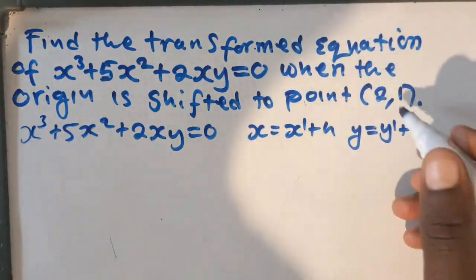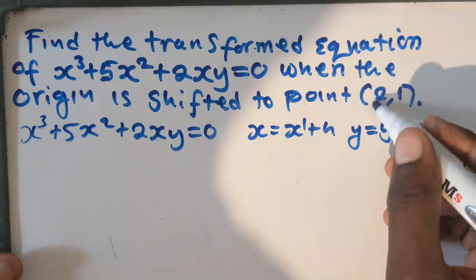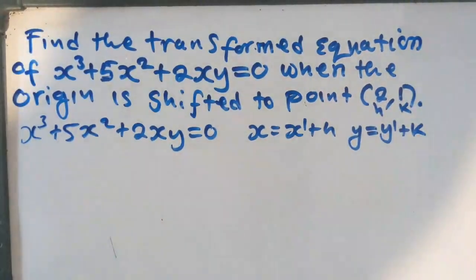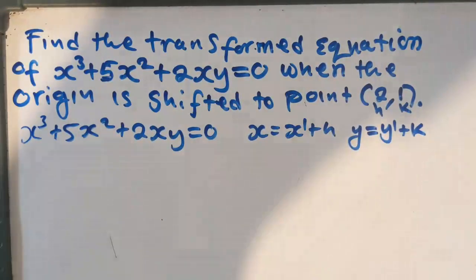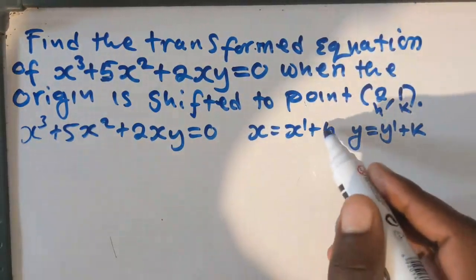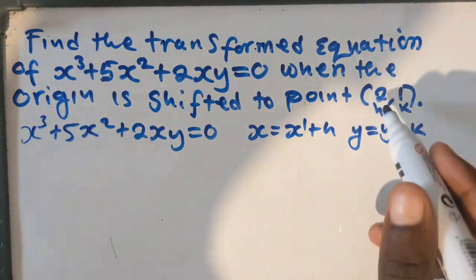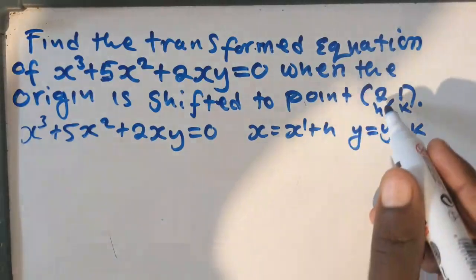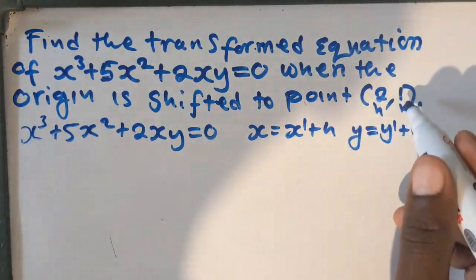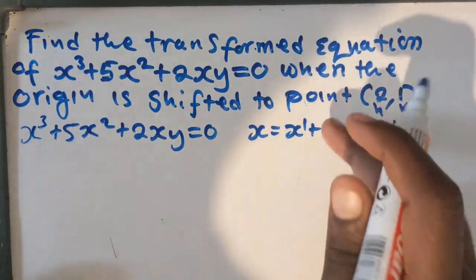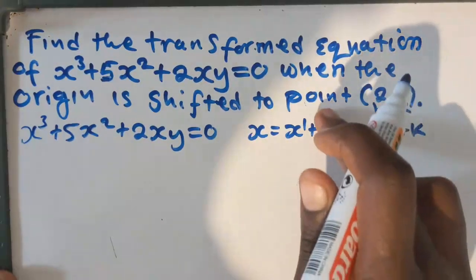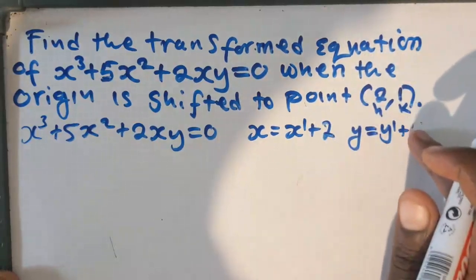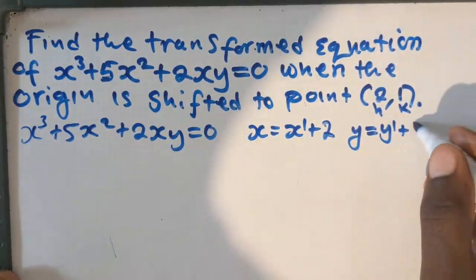So now you already know the value of h and the value of k. So h is supposed to be replaced by the 2, and k has to be replaced by 1. I'll remove the h and put the 2, I'll remove the k and put 1.